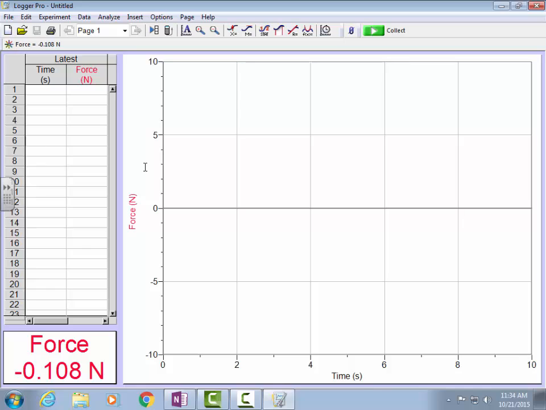Got that? Wait, no, it's 240. So 240 plus 780 is how much? 240 plus 780 is what? So it's 1.02 kg, right?